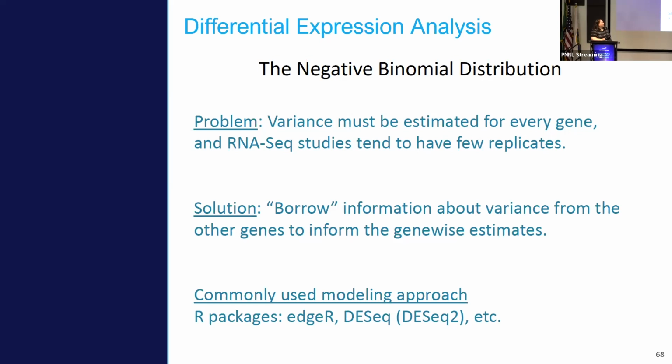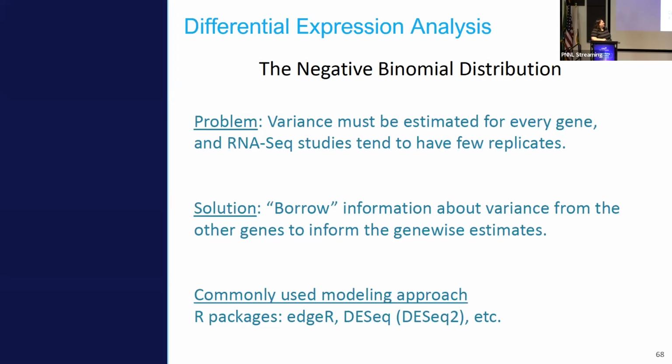So one of the key problems I have is that we talked about that the mean is no longer proportional to the variance. So rather than just assuming that we know what that is, we now have to estimate the variability for every gene. And most of these methods, because RNA-seq data is very expensive, right?